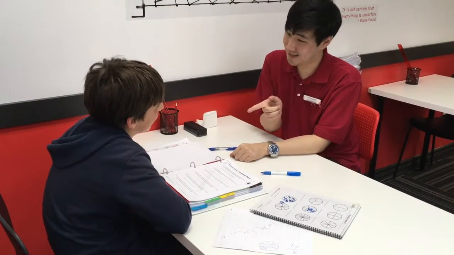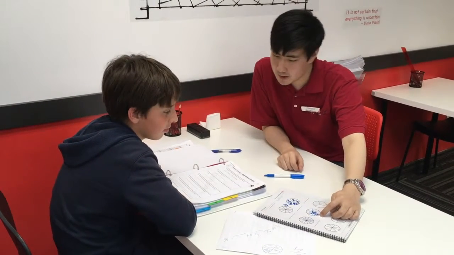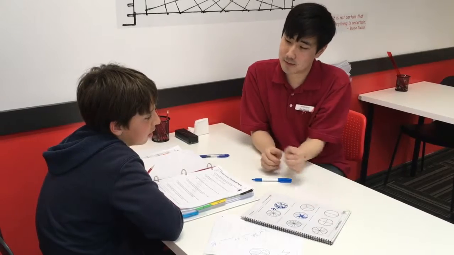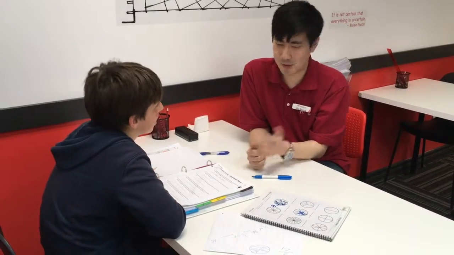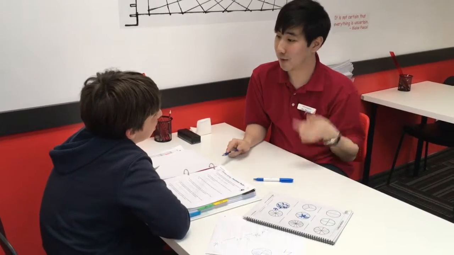Well, let's try it. So let's say that this slice is worth 6, right? How many equal parts are there? How many parts are there in total? 6. So we would do 6 times 6 to figure out what that's worth, right? What's 6 times 6? 36. Ah, it's a little short. So the main idea here is if we want to go the other way around, right?